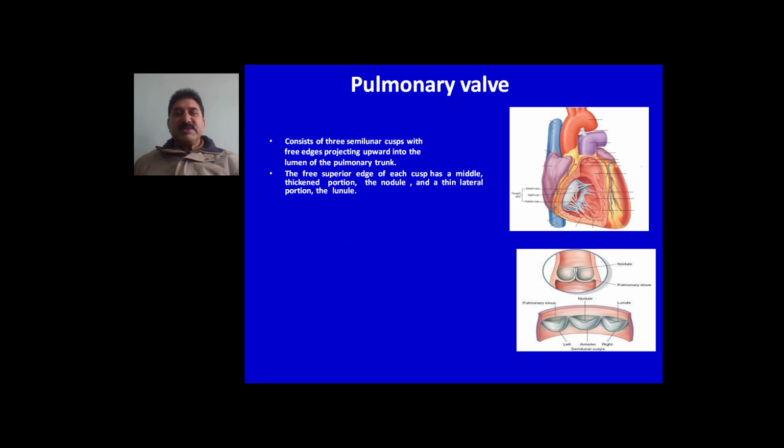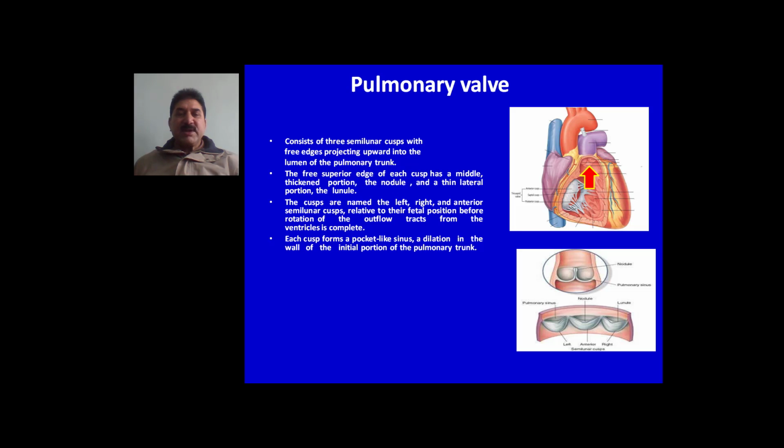Pulmonary valve. It guards the pulmonary trunk. It consists of three semilunar cusps with free edges projecting upwards into the lumen of the pulmonary trunk. The free superior edge of each cusp has a middle thickened portion, the nodule, and a thin lateral portion called the lunule. The cusps are named left, right, and anterior, relative to their fetal position before rotation of the outflow tract from the ventricle is complete.